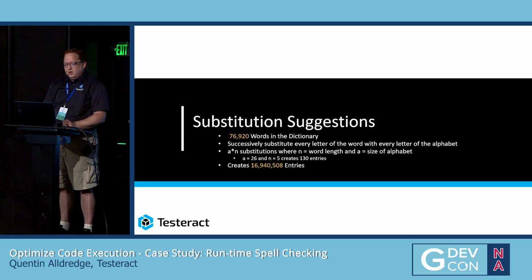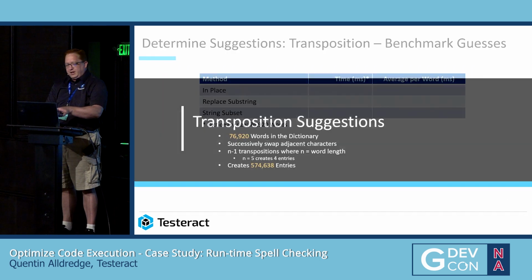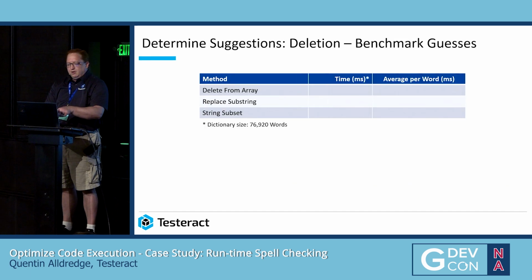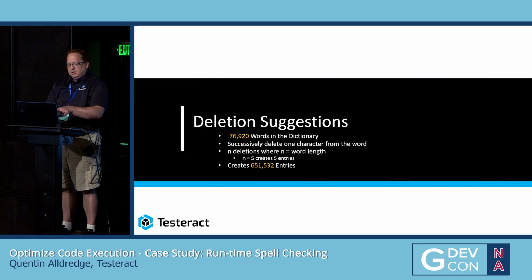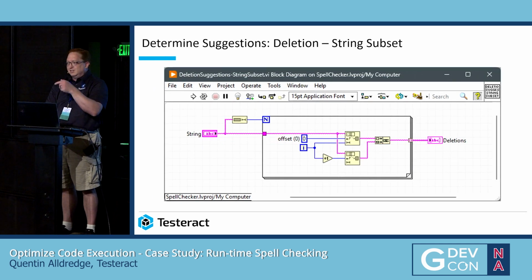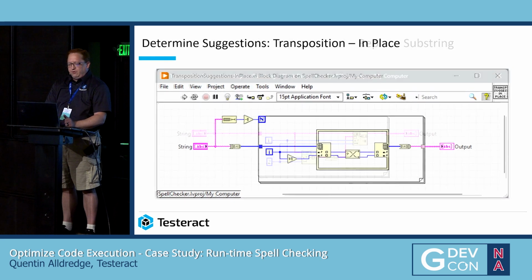Okay, you can see each subsequent one of these, like if I go back, this created 500,000 plus entries. This one created 600,000 plus entries. And this is only going through once, not doing two iterations of this.